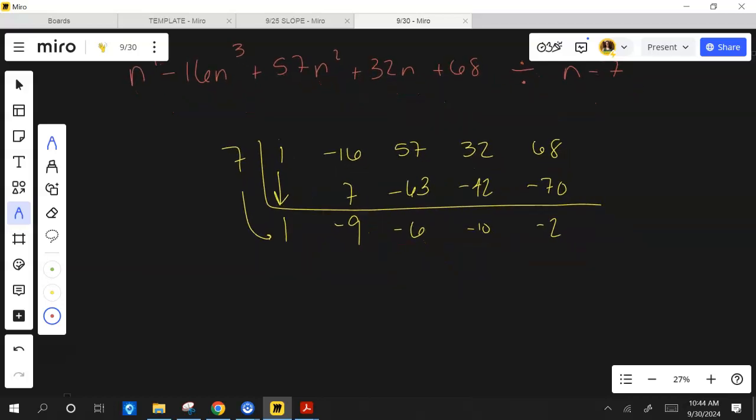What's the extra? All right, so listen, this is only efficient if you can interpret your answer. So start, this is the remainder.